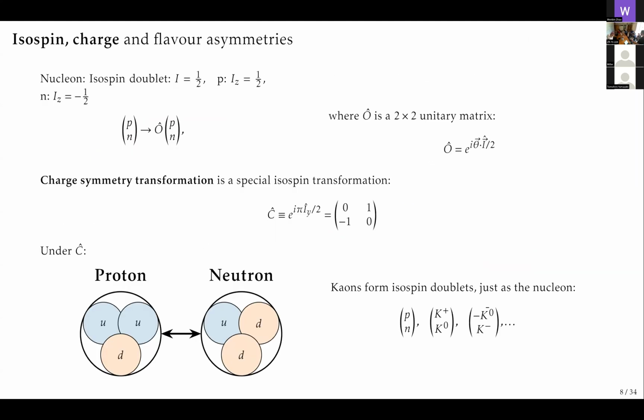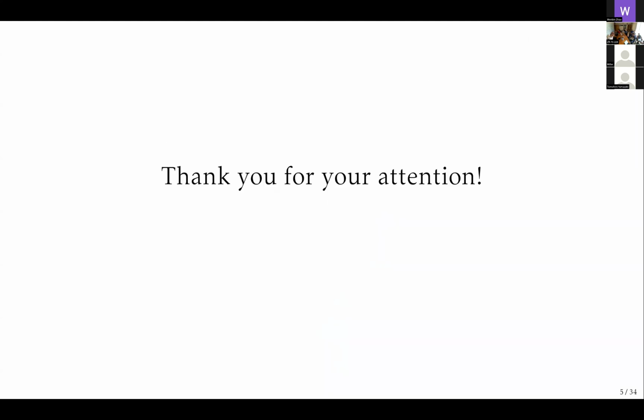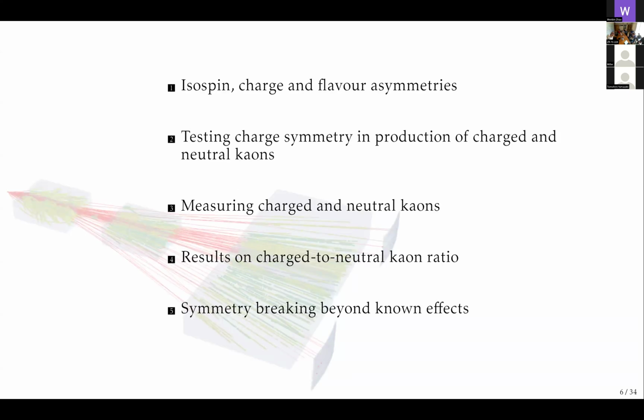As I mentioned, I could end the talk at this point. I showed you the interesting result, but I still want to speak a little bit about the implications and possible explanations of this effect. I will start by explaining the background: what are the symmetries that we expect?